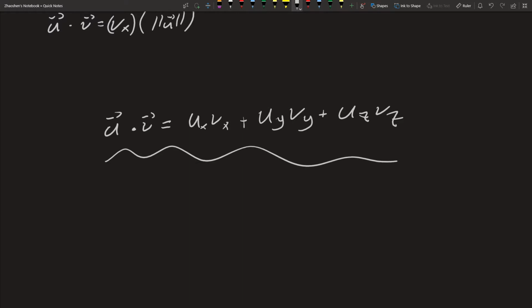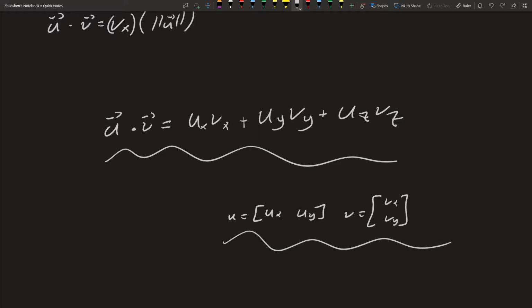Now, for most of you, this formula might be coming out of nowhere, but for the math level students, you know that if I have a row matrix U, equal to ux, uy, and if I have a column matrix V, equal to vx, vy. For those of you who have no idea what this is, just ignore it, okay?